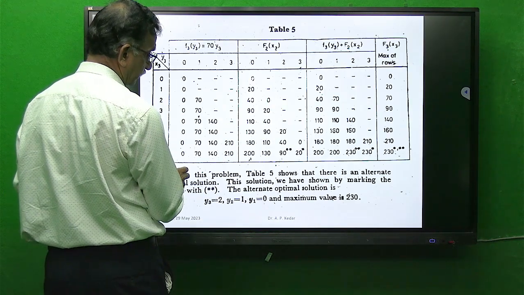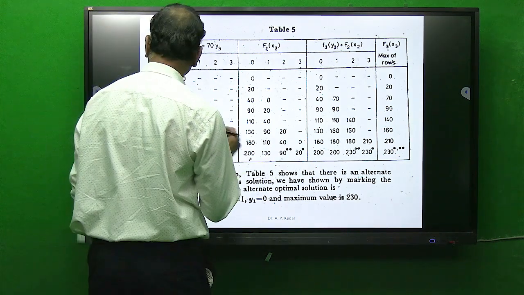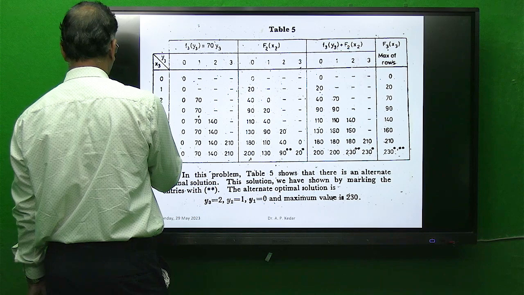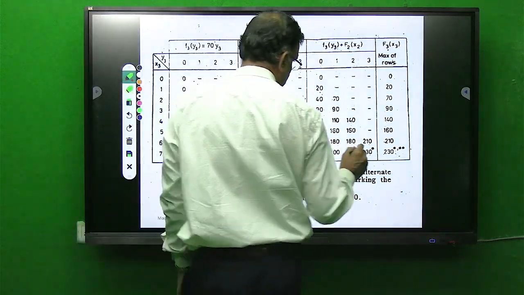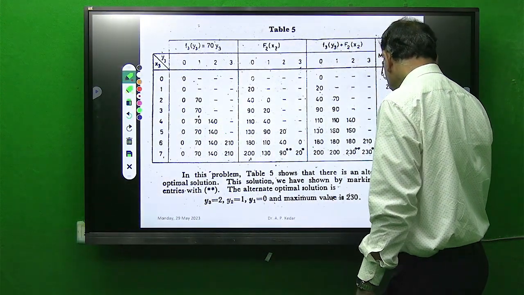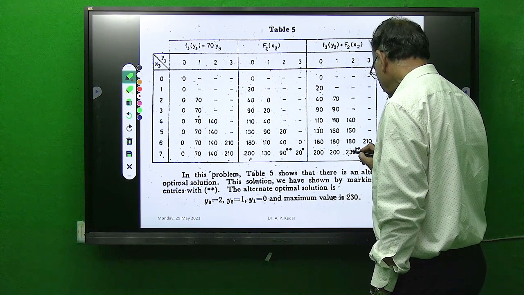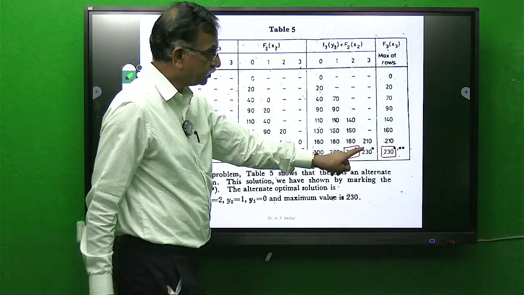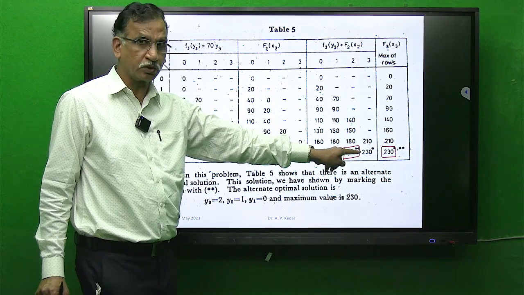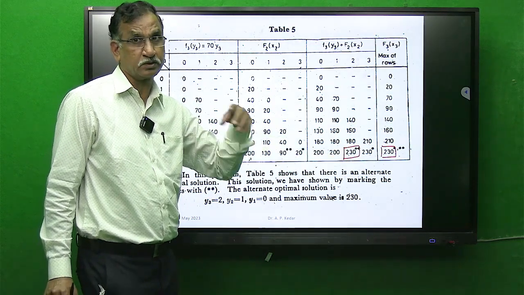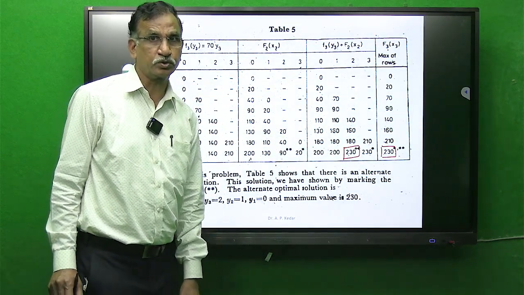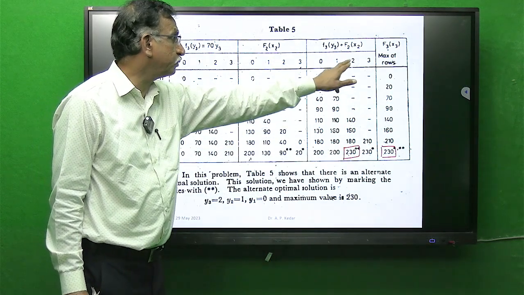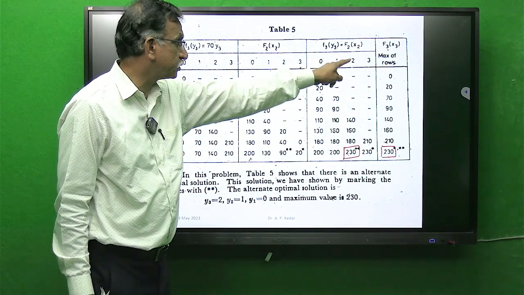Again backtrack. Suppose for this 230, in the earlier case I considered this 230; now I will consider this second set of solution for the same 230. So this 230 is from the second column, this 2.